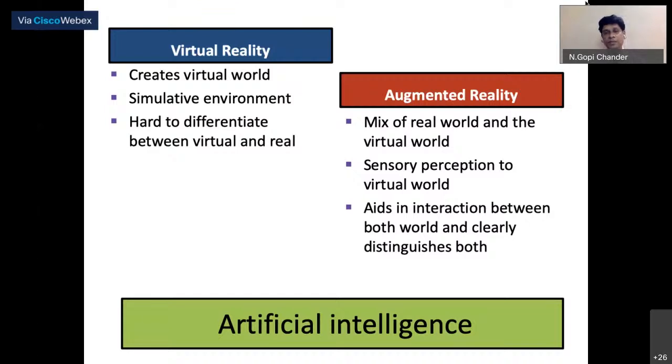To make it simpler, we are discussing in terms of artificial intelligence. Then we saw the classifications or grouping of artificial intelligence in terms of the amount of simulation it can make. One is exact simulation, the other one has minimal, and the third one is going to be a super or advanced simulation. The other component which we want to get classified in terms of the terminologies is that artificial intelligence can be classified into virtual and augmented.